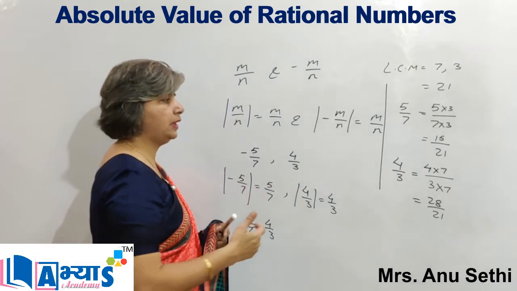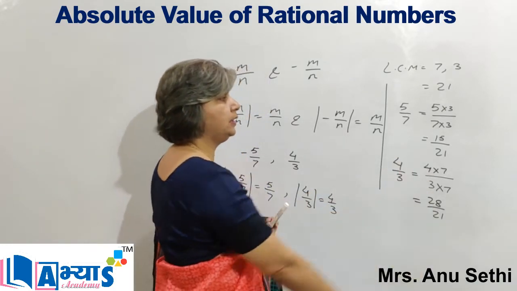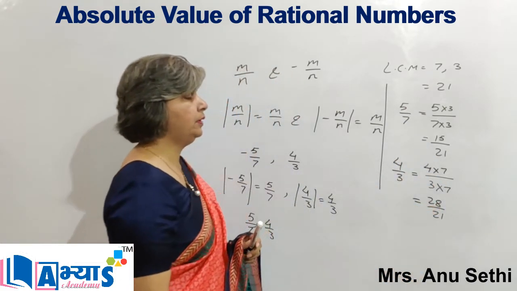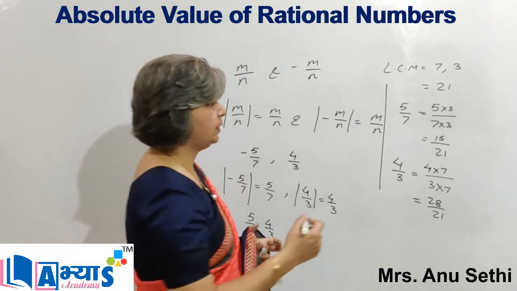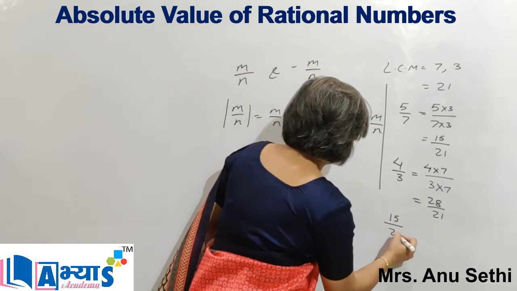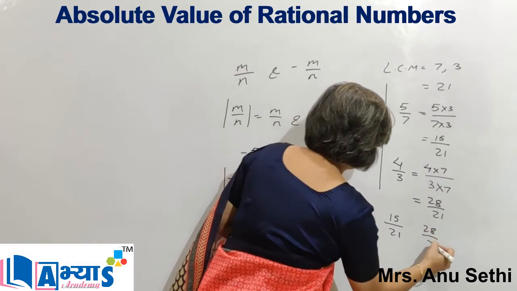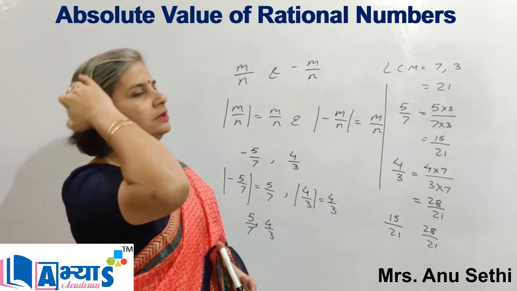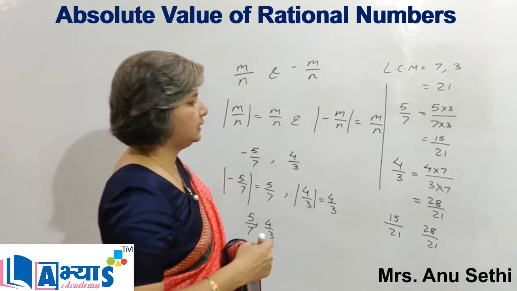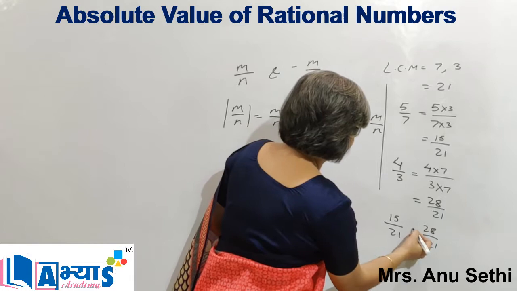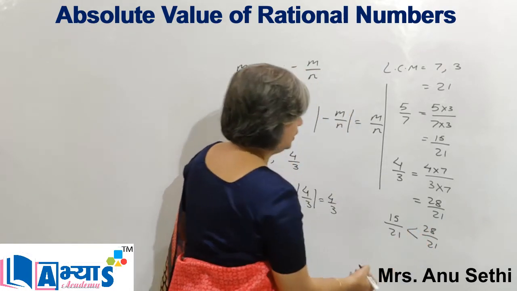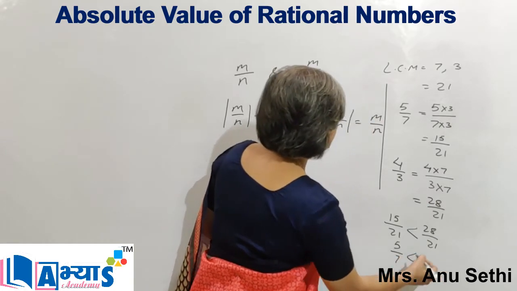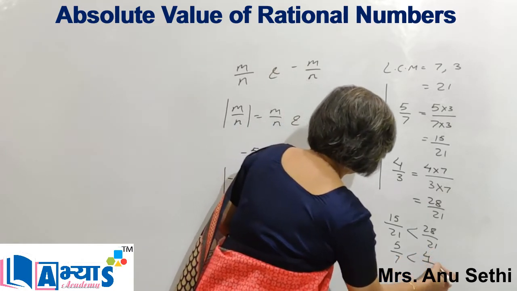Now 5 by 7 and 4 by 3 have been converted into equivalent fractions, 15 upon 21 and 28 upon 21. Now as the denominators are same, on comparing 15 by 21 and 28 by 21, as they both have the same denominator 21 and 28 is greater than 15, we can say that 5 by 7 is less than 4 by 3.